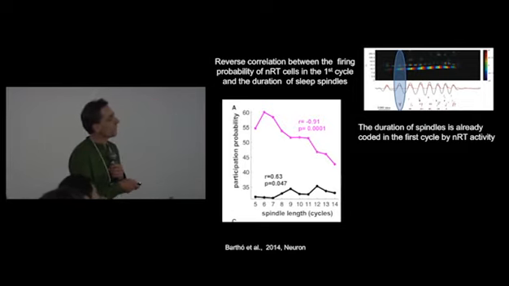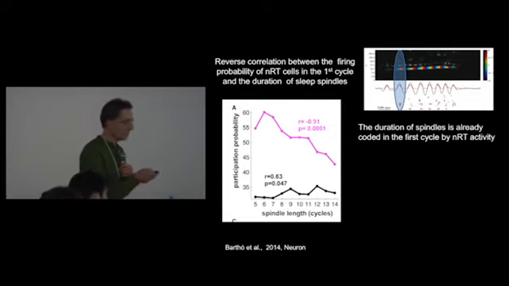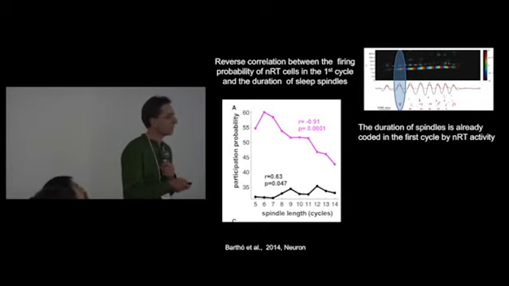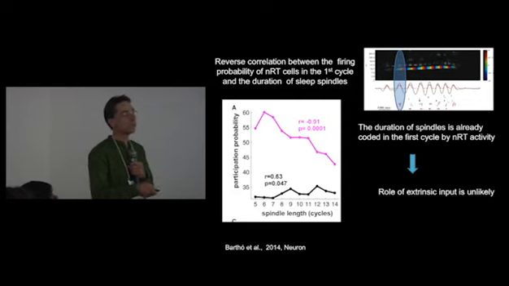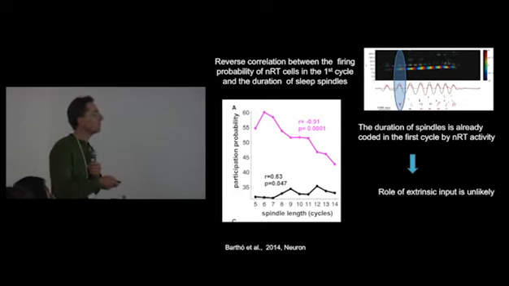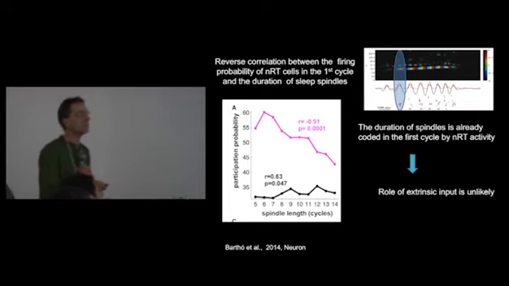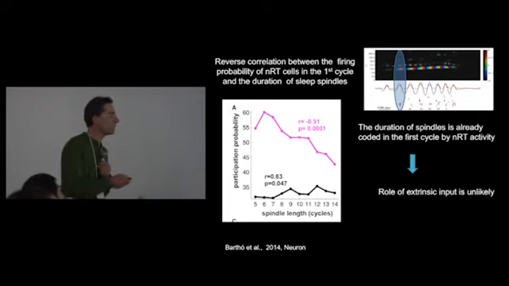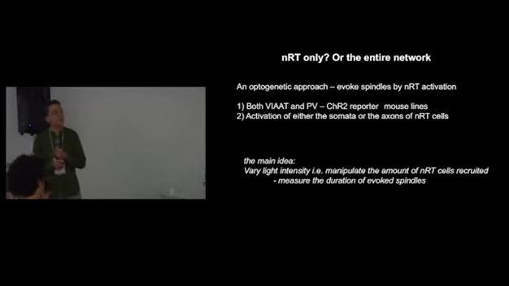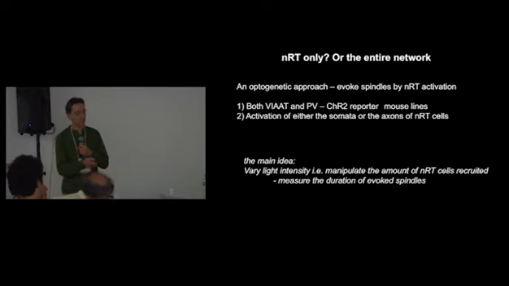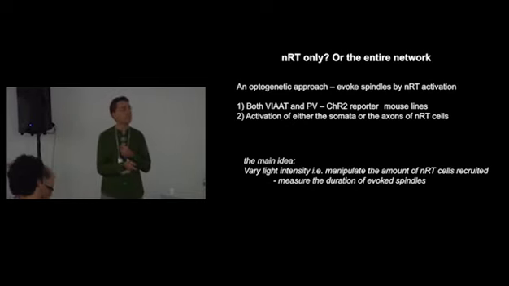So somehow the initial firing pattern already codes for how long the spindle will last. As a consequence, we can rule out the number one hypothesis. So somehow NRT should be involved in determining the duration of the spindle. So we have only the remaining two hypotheses, and I will go fast on these two, but just indicate if it's not clear.